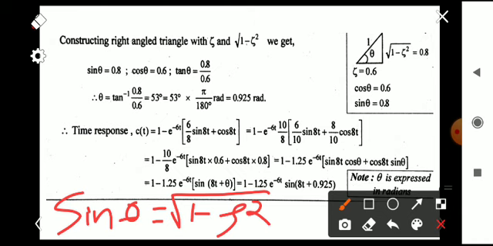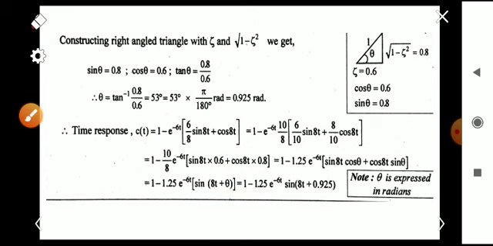From that we obtain cos theta as theta, that is 0.6, and sin theta as root of 1 minus theta square, that is 0.8. If we add these values, 0.6 and 0.8, in our actual equation, we can reduce the entire equation to a smaller one. For that we take 10 by 8 outside. If we take 10 by 8 common from these two terms, the first term becomes 6 by 10, which means 0.6, equal to cos theta.